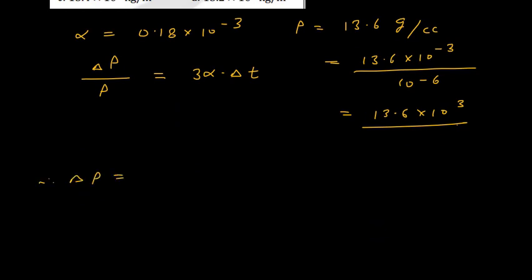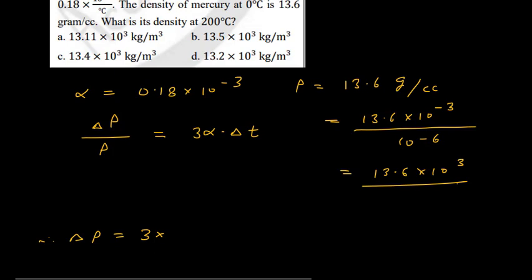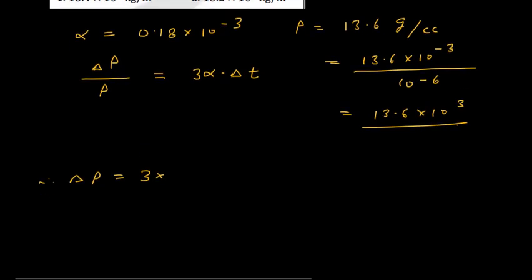Delta rho is equal to 3 into alpha. So is it the coefficient of real expansion, or is it volume expansion? I think this is volume expansion. This is not alpha, this is directly the value of gamma given. Let us take this as gamma.